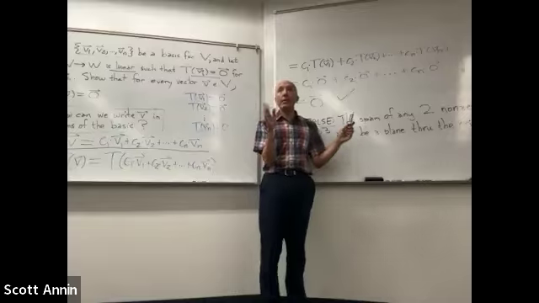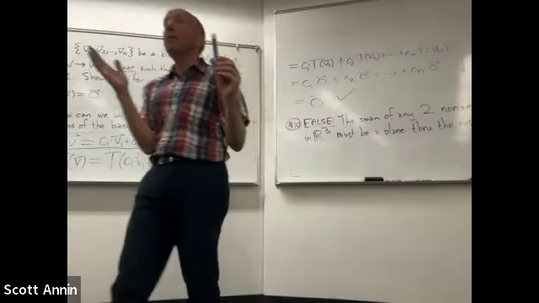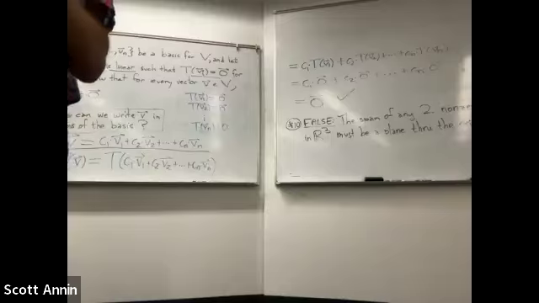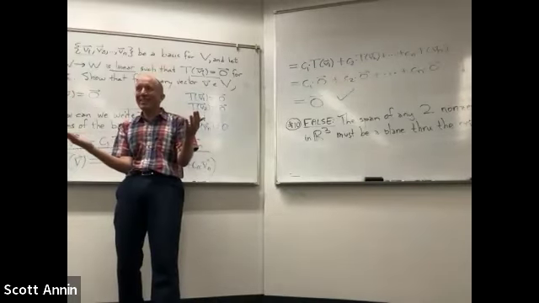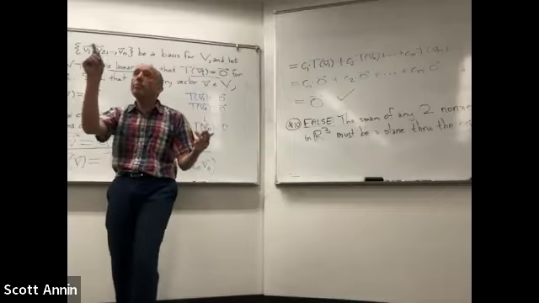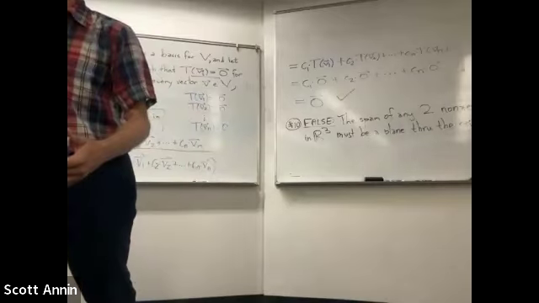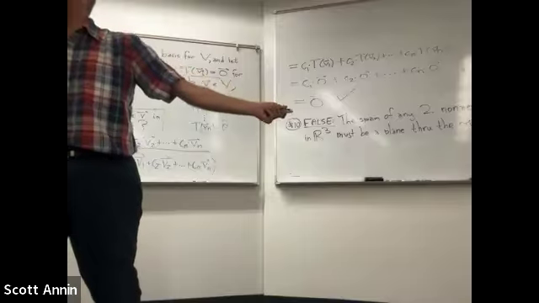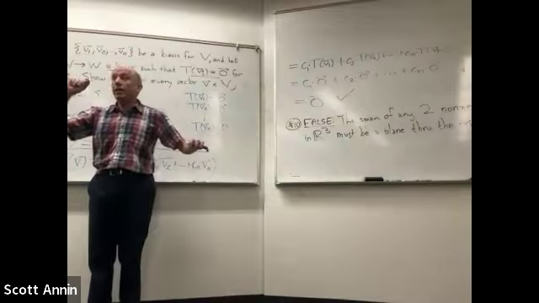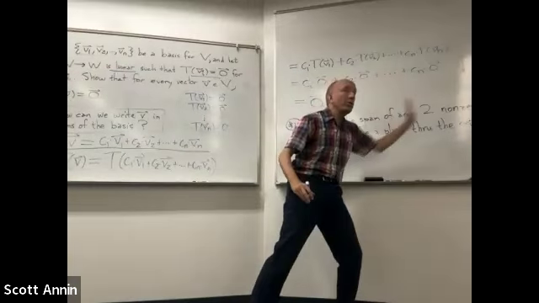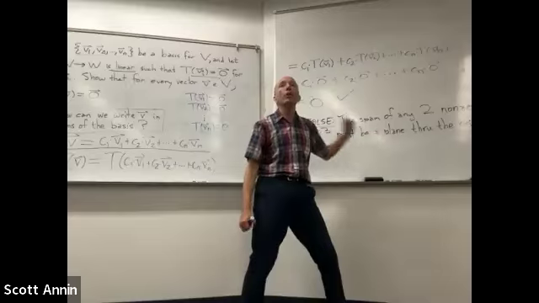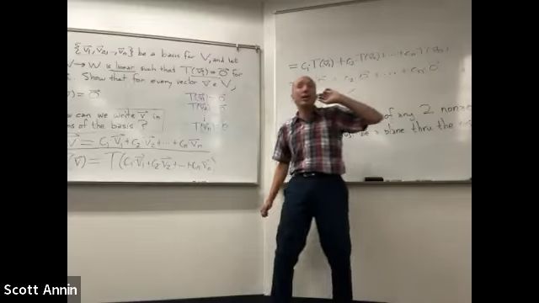Anytime I take a span, what do I always have? A subspace. If I have a subspace, what's the first thing I check? The zero vector. The subspace must have the zero vector, which is the origin. So that justification, Kim, is not going to fly. The span of any vectors whatsoever will always include the origin.